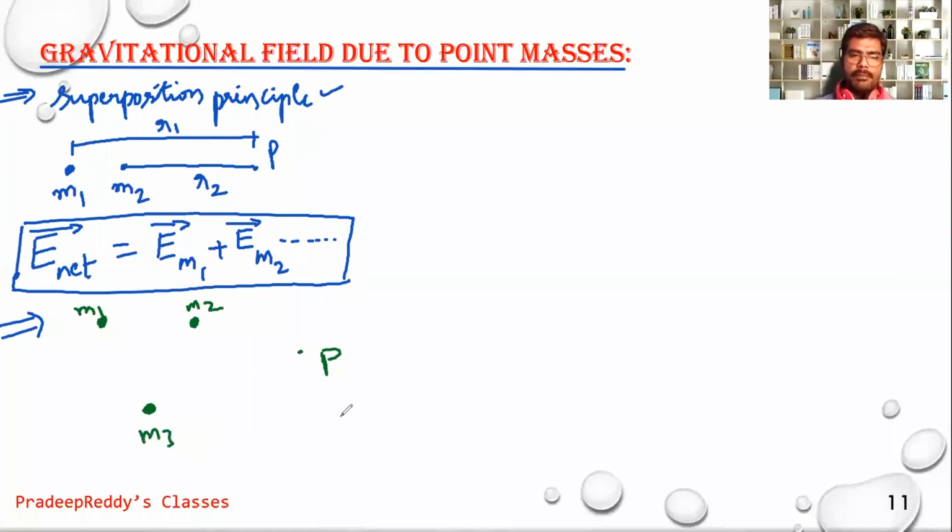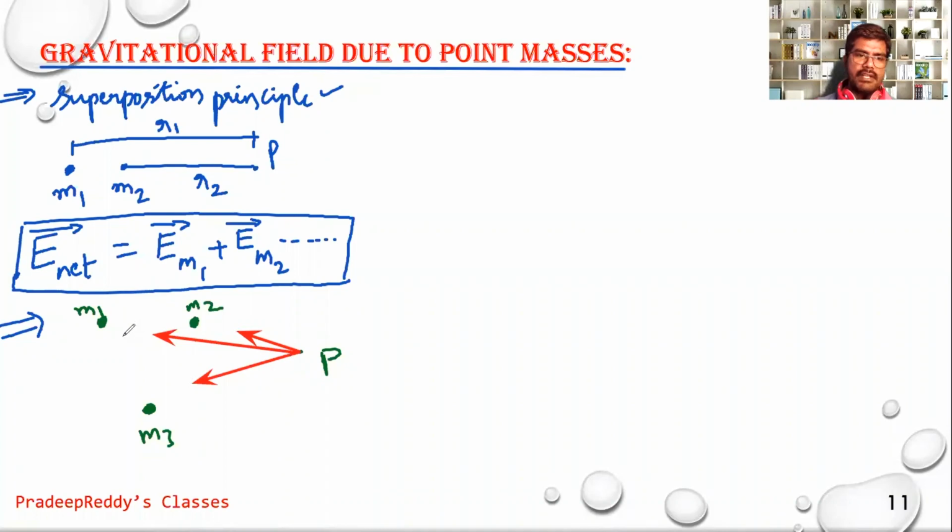Now at point P there is a force experienced by a particle. If I place a particle at point P, it will experience a force because of mass m2, because of mass m1, and because of mass m3.